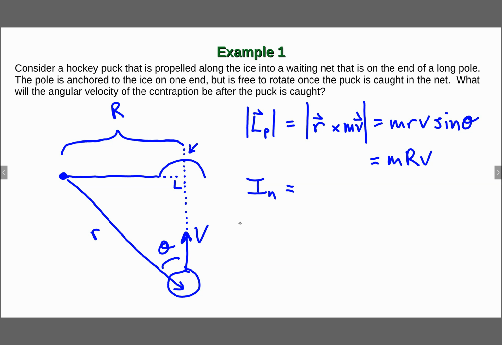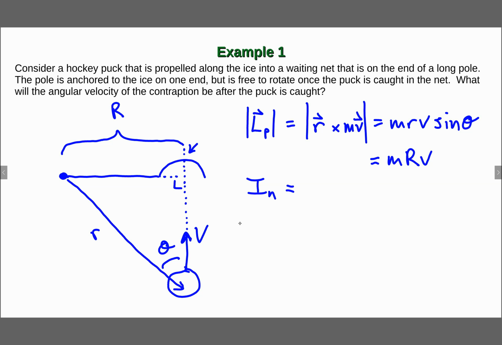Sorry, let me be clear about that. We can do that as long as the size of the object is very small compared to this distance r. And the net presumably is pretty small compared to that distance. So we can make this approximation.